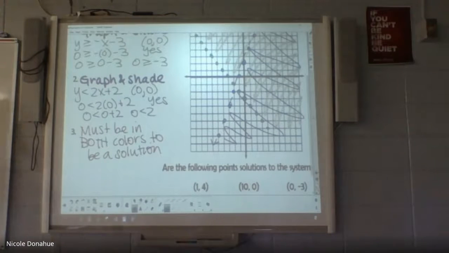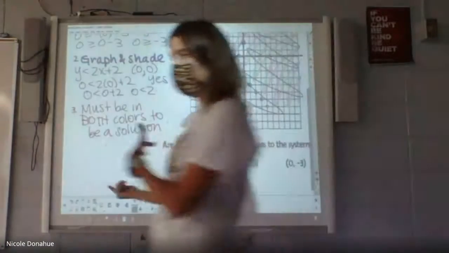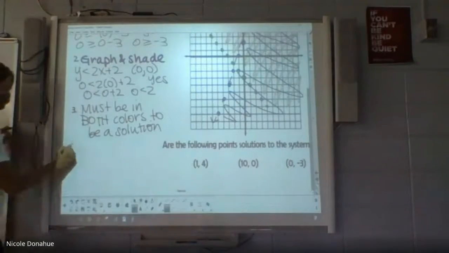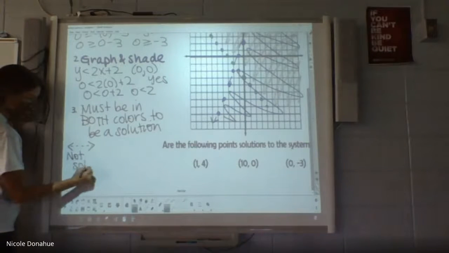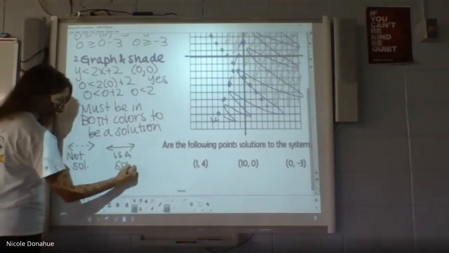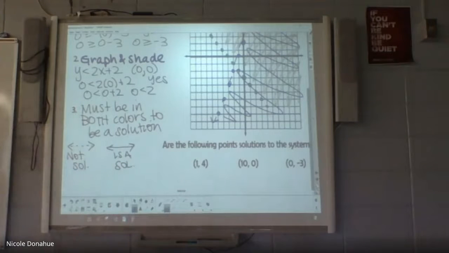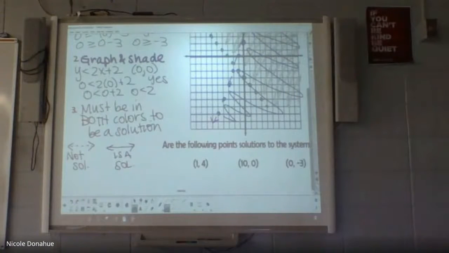Now, I will remind you guys the difference between a dotted versus a solid line. A dotted line is not part of the solution, whereas a solid line is a solution. They're asking us questions about the points on the bottom down there, asking if it's a solution or not. So we're just going to answer yes or no for those.